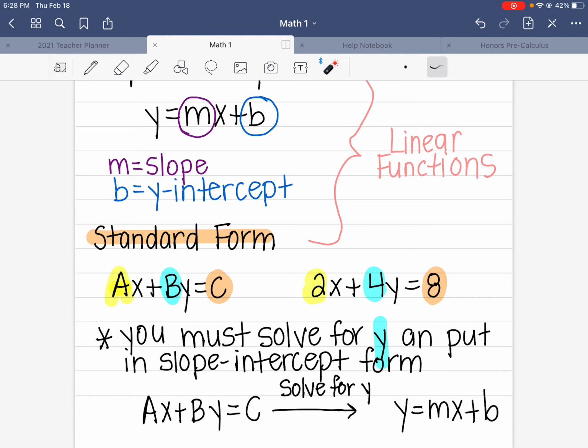The most common thing students get confused about is the question, what's the y-intercept? For some reason, students want to say the b is the y-intercept because it's with the y variable. That is completely incorrect. The y-intercept is the value that is by itself. This b is not the same b as in slope-intercept form, just like the m is not the a. So you have to solve for y in order to tell me what my slope and my y-intercept is.